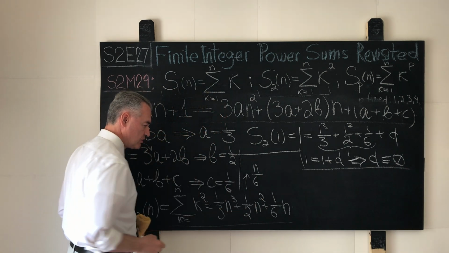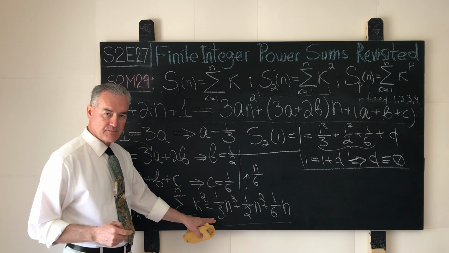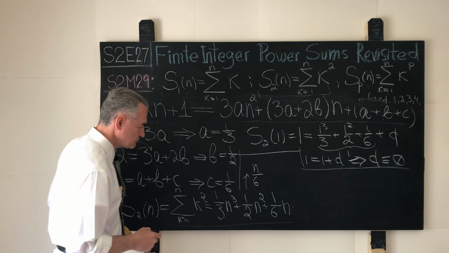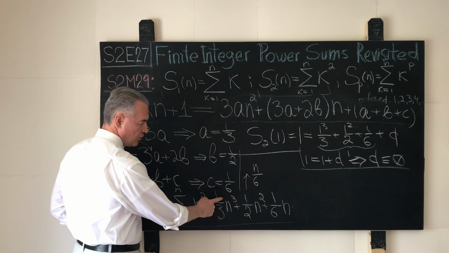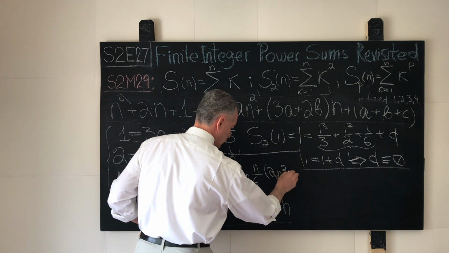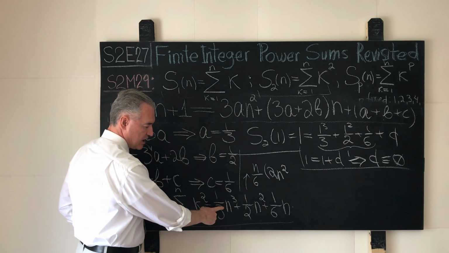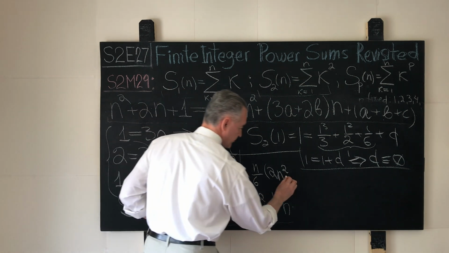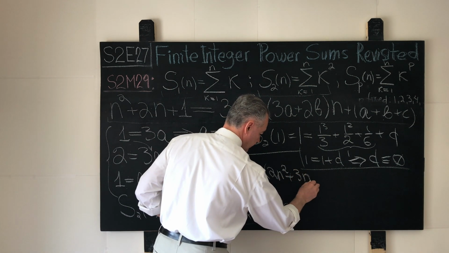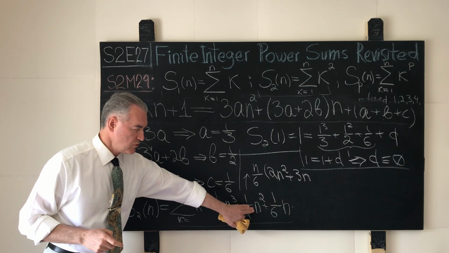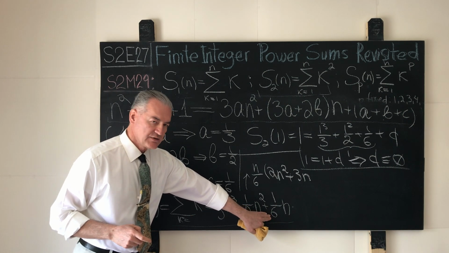N over 6 will bring everything to one and the same common denominator, which is what? 6. So we will have 2n squared, left with this copy of the square of n, 3n plus 3n, left with this summand of n squared. Here the denominator is 6.